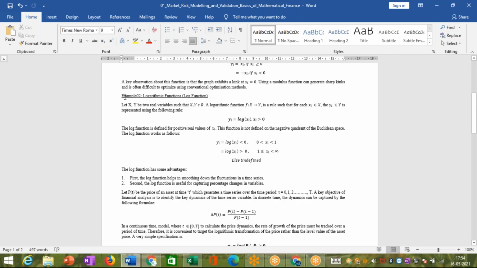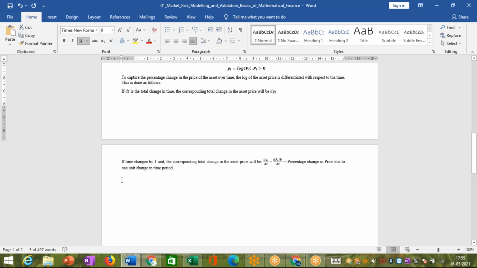the third function, which is the exponential function. Right.